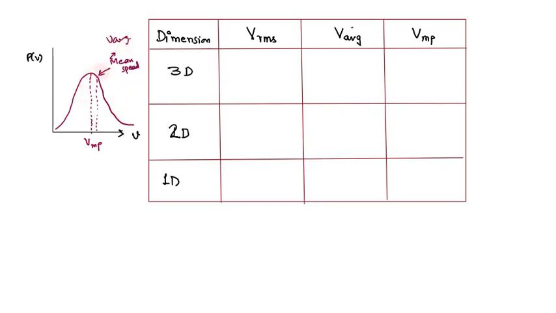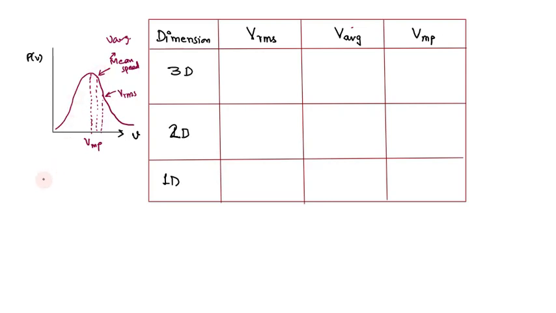It is the average of the speeds of all the particles in the statistical data which we have. And the third speed is greater than this, and that is called VRMS. RMS is root mean square. So first you square them, then take the mean.